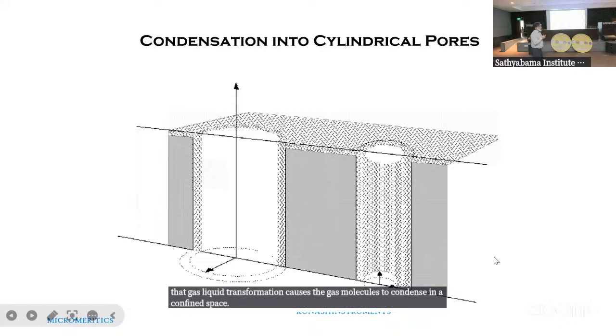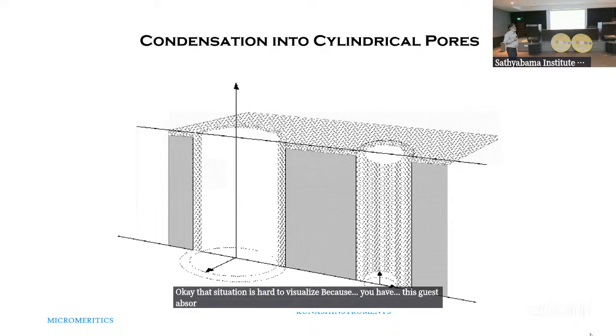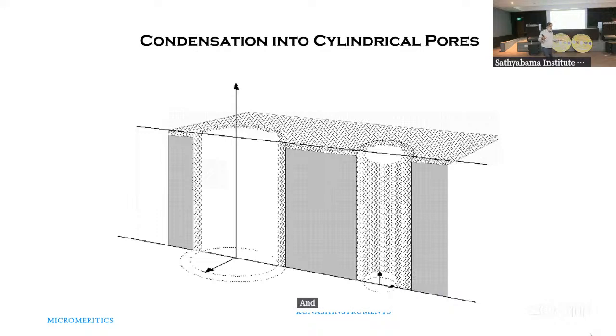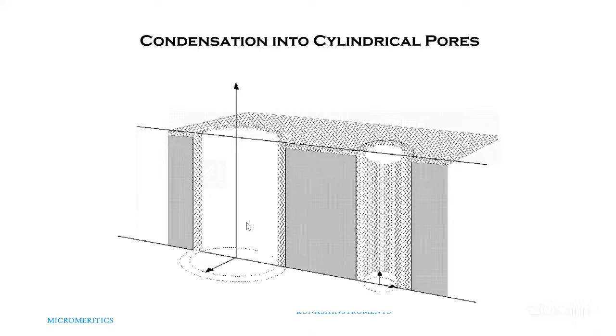That situation is hard to visualize because you have this gas adsorption thickness, and in between, in the core region, you have liquid. And liquid, like any other liquid in a cylindrical vessel, will show a meniscus forming. Gas adsorption and then liquid condensation, which is the liquid form.